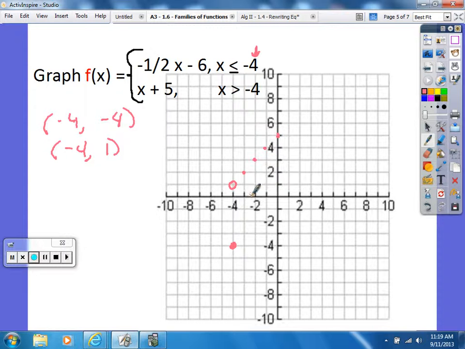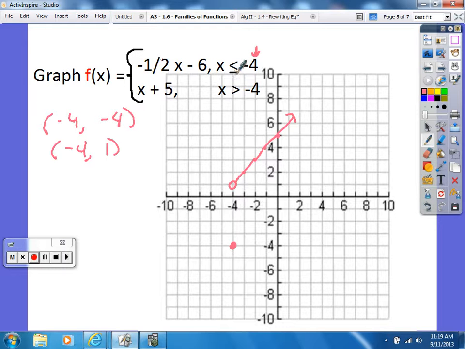It hits at 5 on the y-axis. Could I have known that from looking at this equation? Yes. So now I'm going to start at my open circle, and I'm going to make a nice line. That's the first equation graphed, but we still have to do the other equation, right?